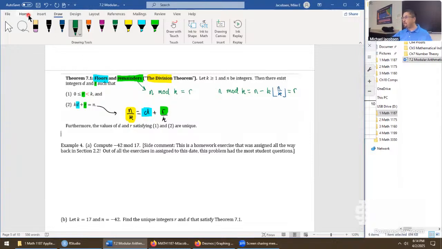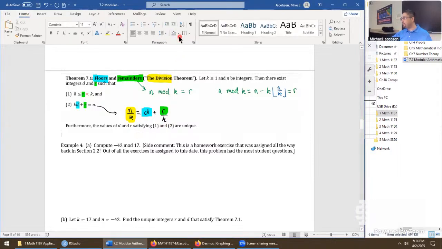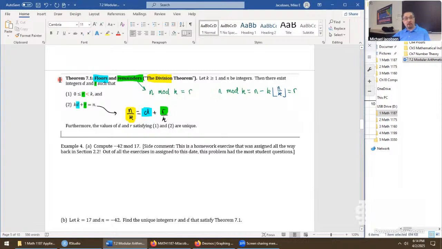But the fact that this one question got so much engagement really shows that there's a lot going on. The author really wrote this book well by dumping in that question there, which we could kind of resolve in some roundabout way. But what truly had to be resolved through this theorem, I think this is the best tool to understand what is going on with negative 42 mod 17.